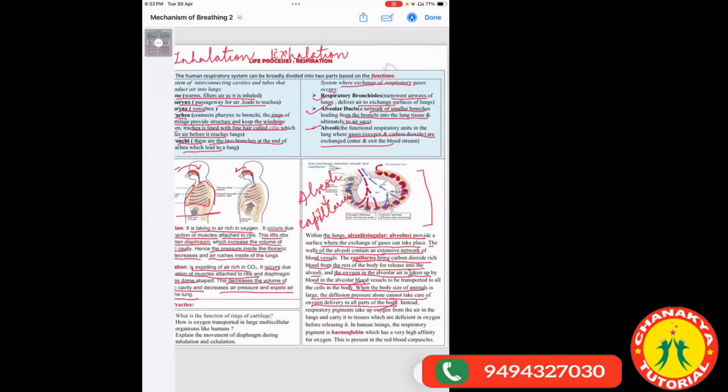Whereas in us, if we try that our skin should breathe, can it do it? No, it cannot, because our body is a very, very complex structure. It cannot absorb it, and at the same time it cannot release the carbon dioxide gas also. So instead, what do we have? We have the respiratory pigment. What is the name of the respiratory pigment?